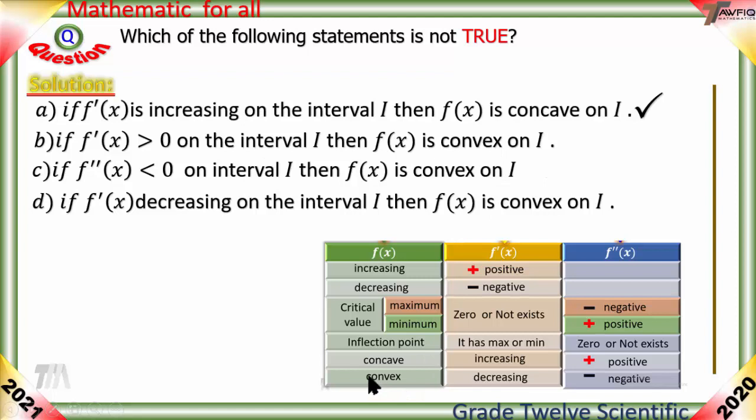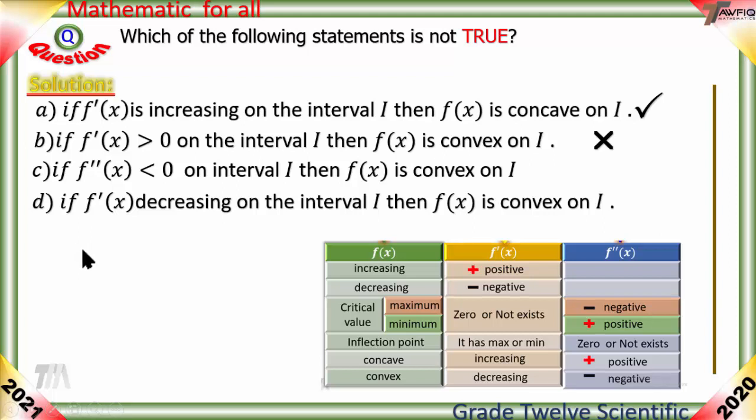The interval is convex if the second derivative is negative, not the first one. So it is not true. That means B is a correct answer.